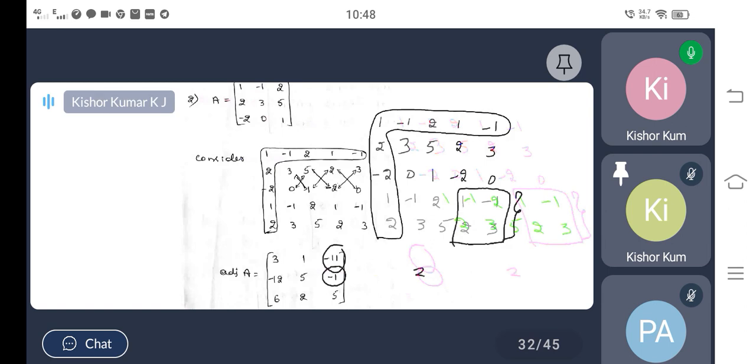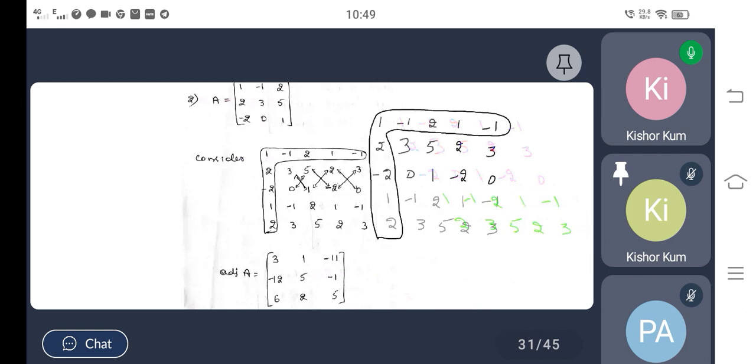So it is 3 plus 2, that is 5, the third element of column 3. So we have got adjoint of A equals 3, 1, minus 11, minus 12, 5, minus 1, and 6, 2, 5. So this is the required solution for the given problem.